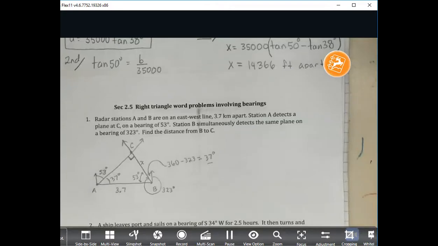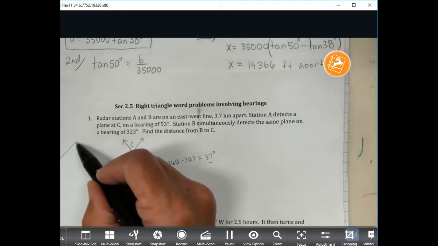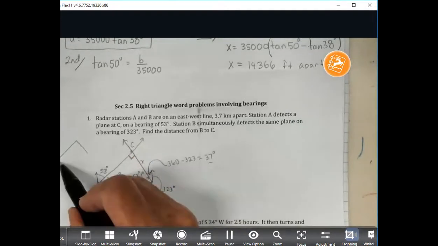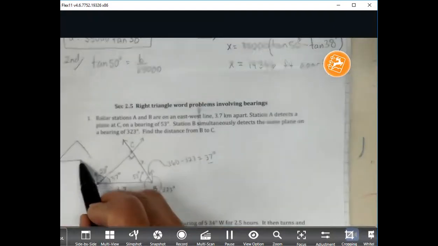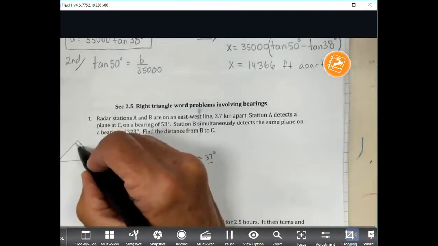Okay, and so let's see what we know. Let me draw our right triangle again without all that junk on it. There's our right angle.